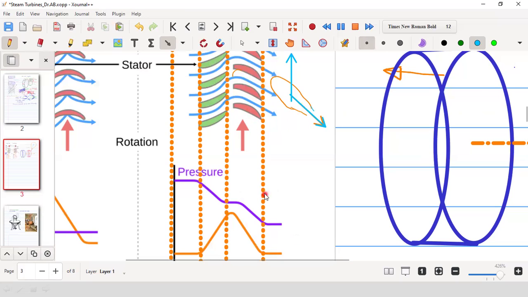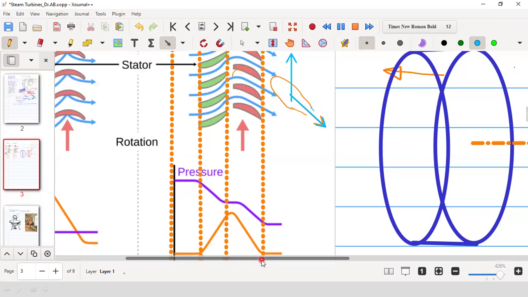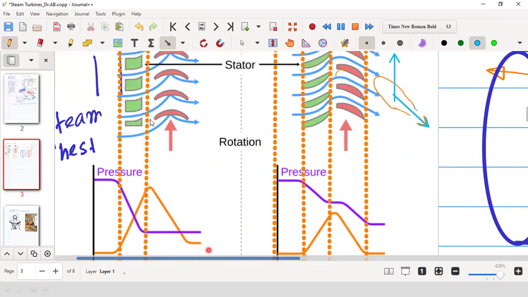So here, try to understand that from this nozzle the fluid is striking the blade. Striking the blade, that principle is known as the impulse principle. That means when the fluid strikes the blade, that is called the impulse principle.